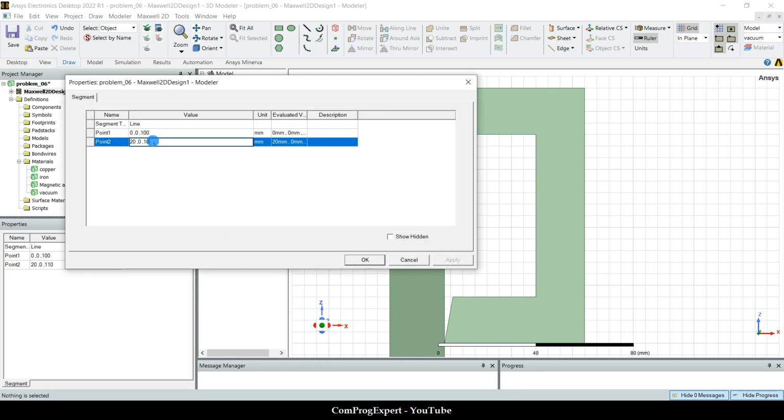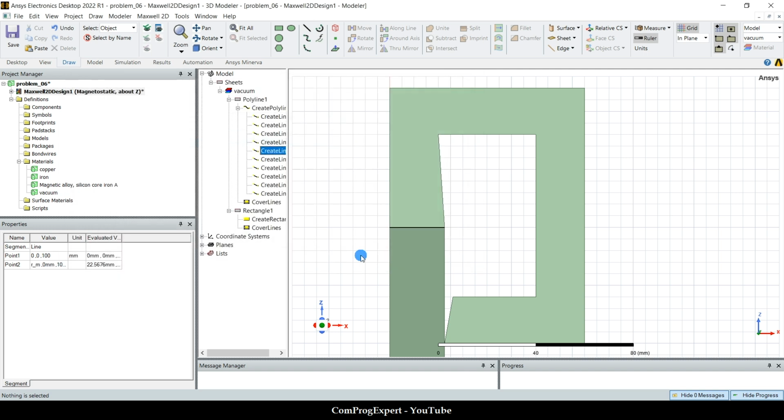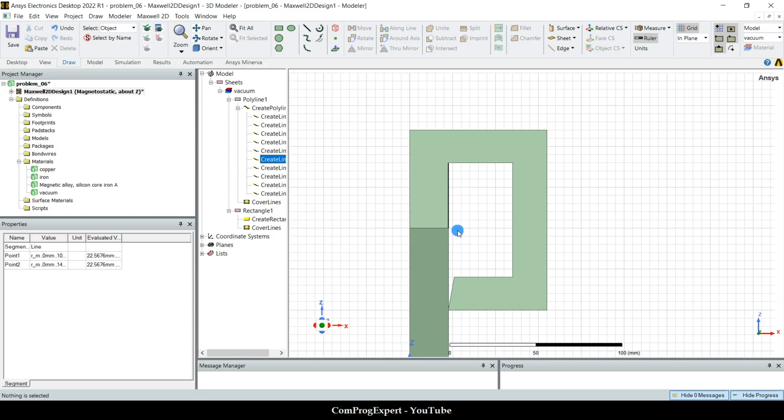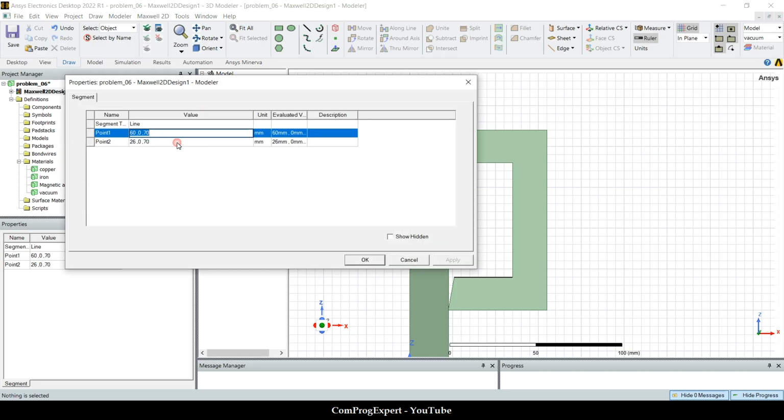Again, this is 100. This is the radius of the moving part. Again, we have this radius of the moving part for the first coordinate of this point, just geometry. And for this final segment, this is the radius of the moving part.